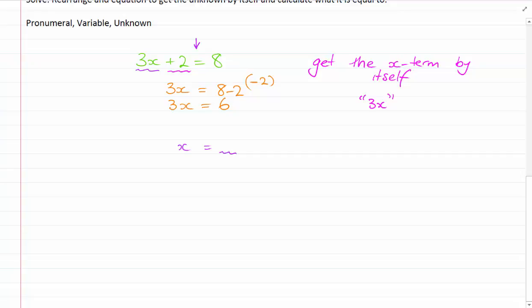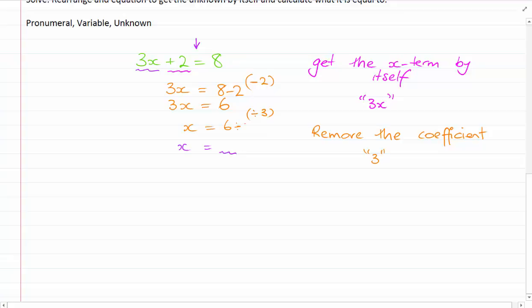Now, I've removed the 2 and I've got myself in a situation where the x, the only x term, is by itself on one side of the equation. Now I need to remove the coefficient. And so in this case that is the 3. To remove the 3 times x, I'm going to divide by 3. And that will of course give me x is equal to 6 divided by 3, which of course is 2.